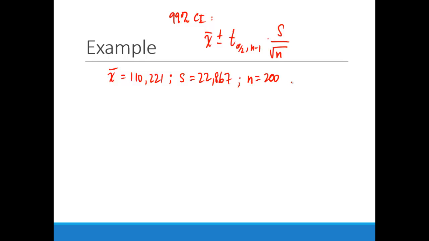Okay, so the only thing we have yet to figure out is what this T sub alpha over 2 business is. If I want a 99% confidence interval, what does that mean alpha is going to be? So what does alpha equal if I have a 99% confidence interval?